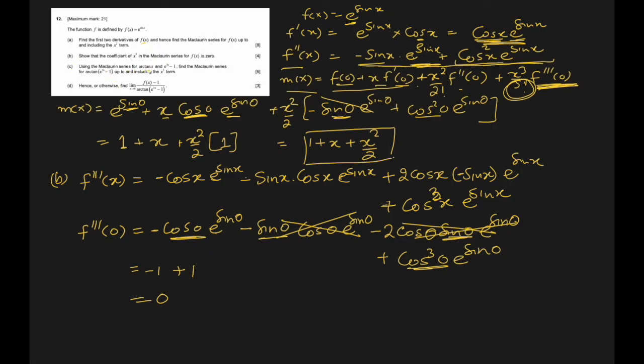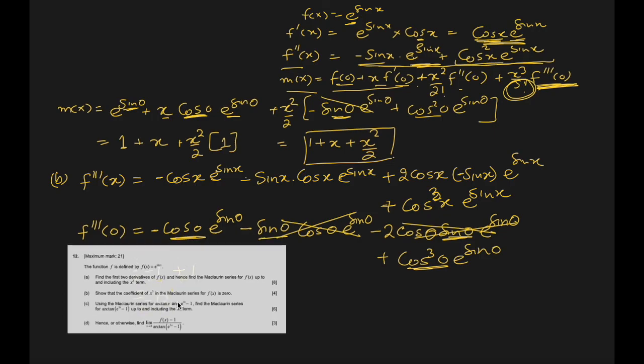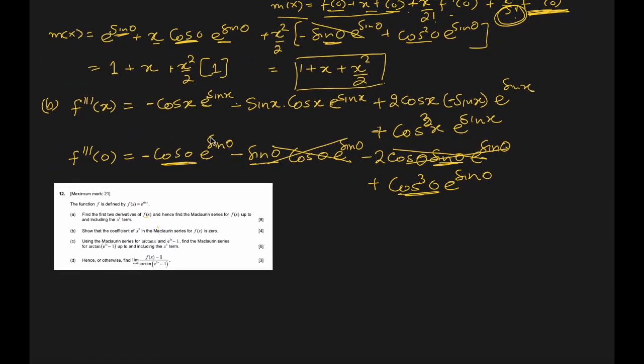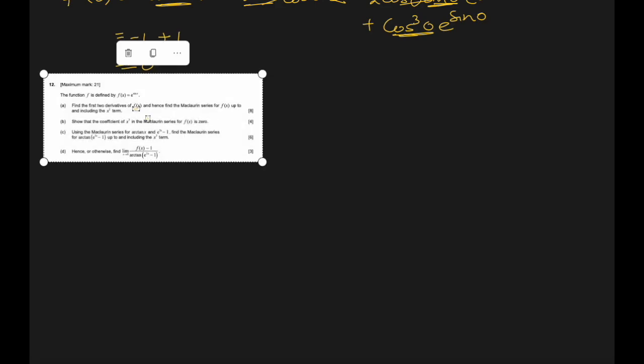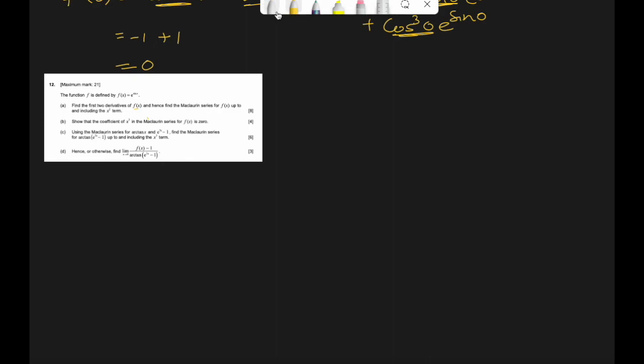Using the Maclaurin series for arc tan x and e to power 3x minus 1. Okay, let me bring down the question so that it's easy to see. What they are saying is use the Maclaurin series for arc sine x first.